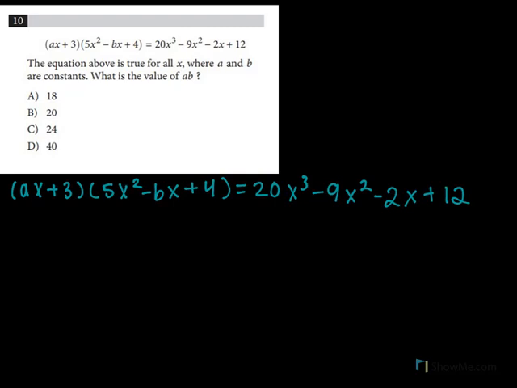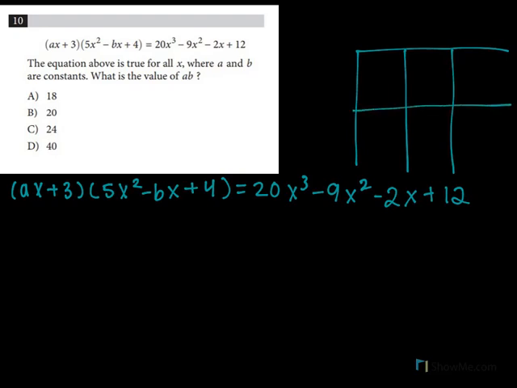I would typically use the FOIL method, but just to show you the multiplying process, I will write it out using the box method. So let's write this out. We're doing 3 by 2 because there are 3 components in one factor and 2 in the other.